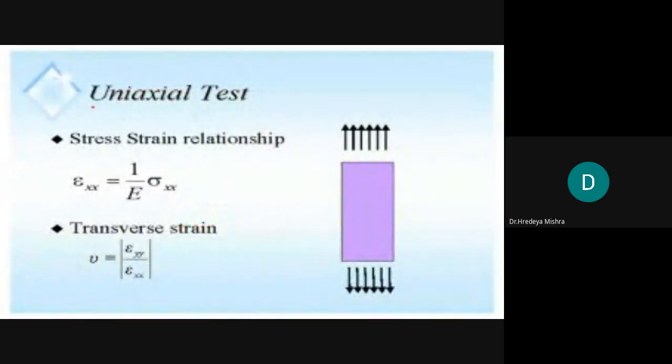Now, uniaxial test. What do we mean by uniaxial test? It means the elongation and stress are along the direction of the force. See here, epsilon x is equal to 1 upon E times sigma xx, meaning strain along the x direction equals 1 upon E times stress along the x direction.